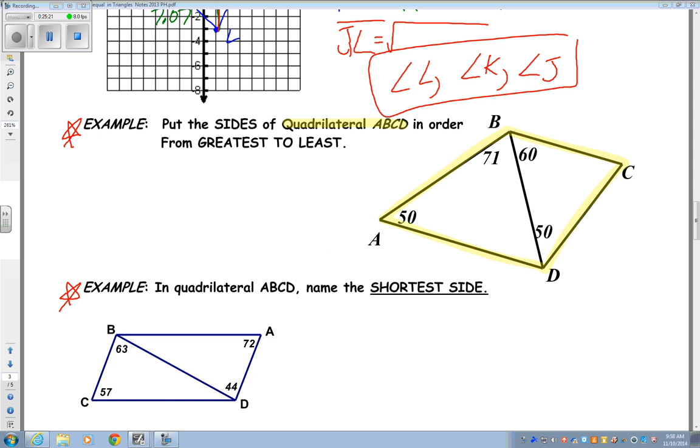Just try. Take a risk. All right, can anyone identify at least the largest side? Yeah, okay. Here's my angle 71. AD is part of the quadrilateral, so AD is my largest one. All right. Now, I'm assuming that you're saying the next largest angle is the 60.